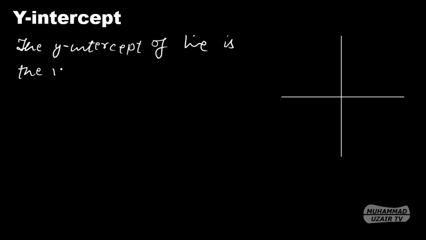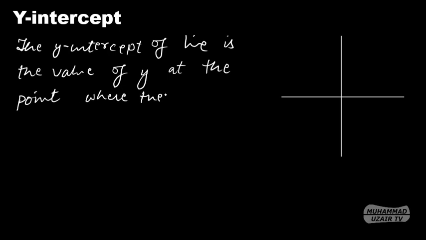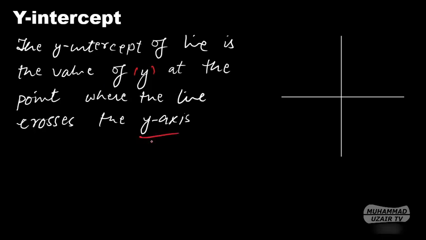The y-intercept of a line is the value of y at the point where the line crosses the y-axis.